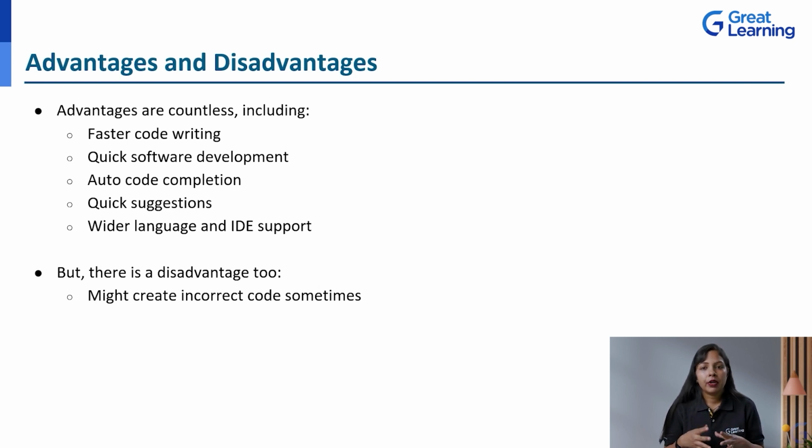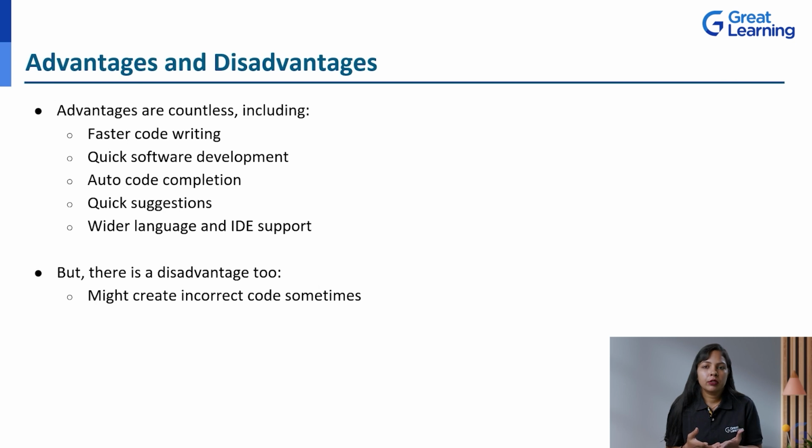And as it is trained on freely available programs, it might give you incorrect results sometimes. Suppose I said I want to write a program for searching an element in an array, okay? And GitHub Copilot suggested a logic somewhat like linear search, but you wanted to write binary search. So there is an ambiguity here, correct?